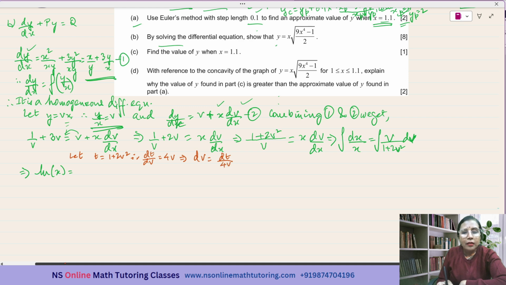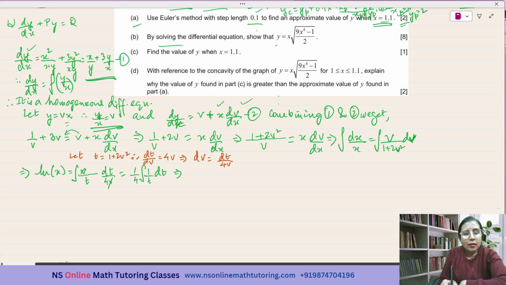Okay, so for the right hand side, I'm writing v, and the denominator is 1 plus 2v square, which is t, so I'm writing t, and it is dt over 4v. So these two will be getting cancelled, and I can take out the 1 over 4 outside the integral sign, so it is 1 over t dt.